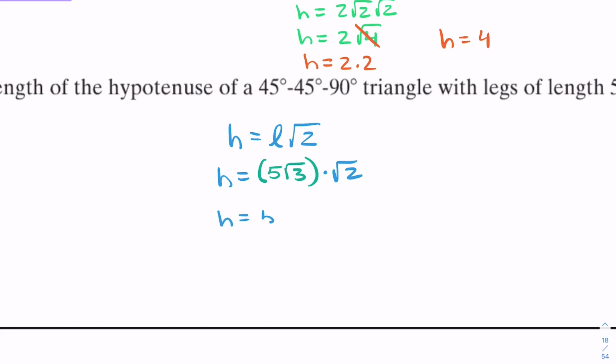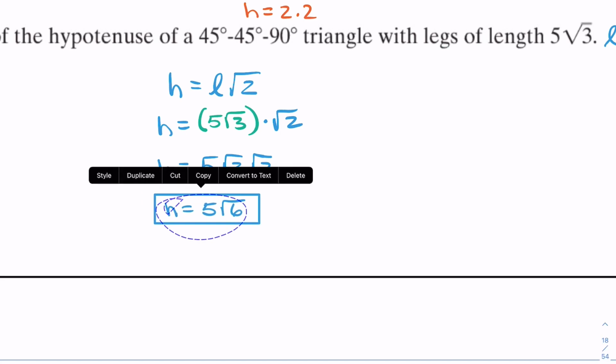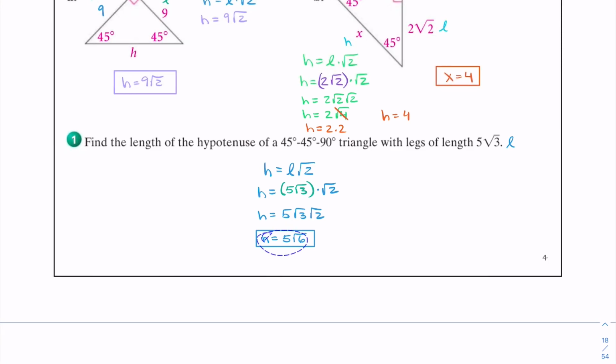So h equals 5 square root of 3 square root of 2. H equals 5 square roots of 6. And that's it. We're done with this one. There's no simplifying of the square root of 6 I can do, so we are done with that.